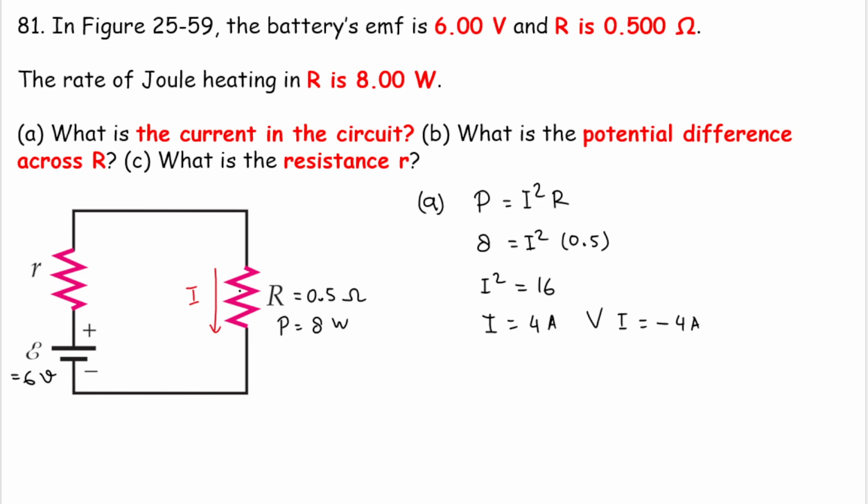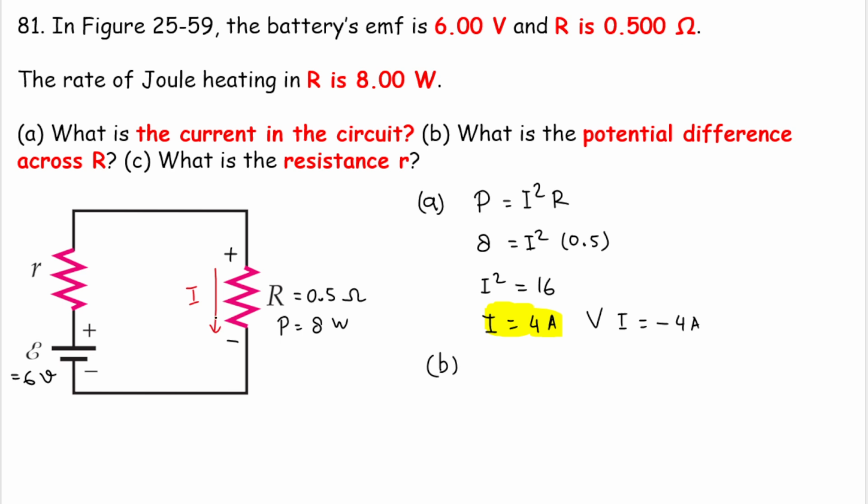Okay, good. But then we need to find the potential difference across R. If we assume this one is positive, so I is 4 ampere, the positive sign is here where the current comes from, and where the current goes to is here, so I'll have the minus sign here.